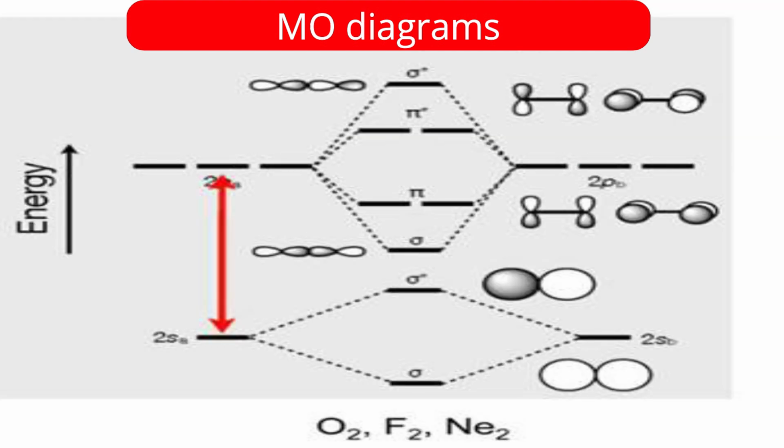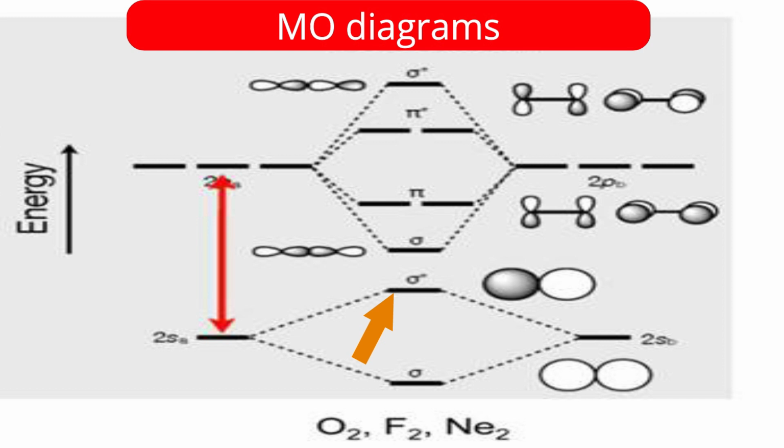It looks spacious. As usual, the 1s orbitals, those are inner orbitals, do not undergo appreciable overlap, so they remain non-bonding and are not represented in this MO diagram. We are starting from the 2s orbital onwards. The 2s orbital of one atom interacts with the 2s orbital of the other atom to produce one bonding and one antibonding orbital, represented as sigma and sigma star.